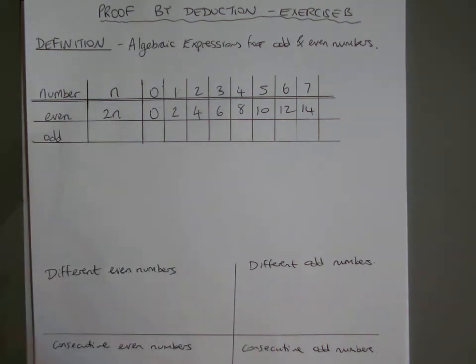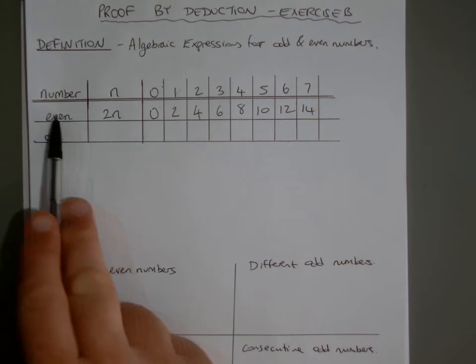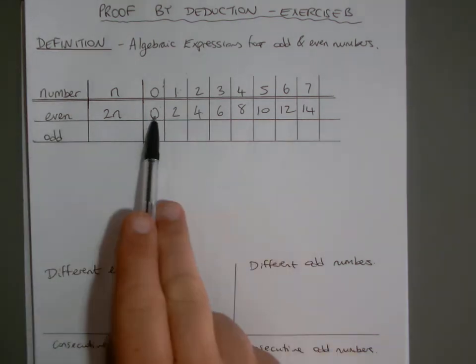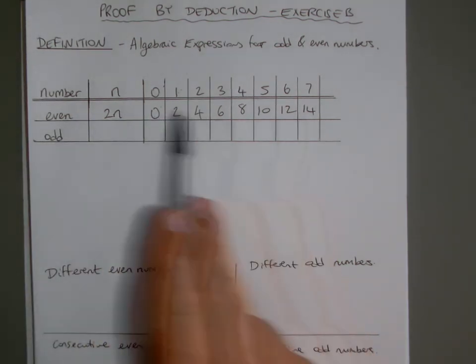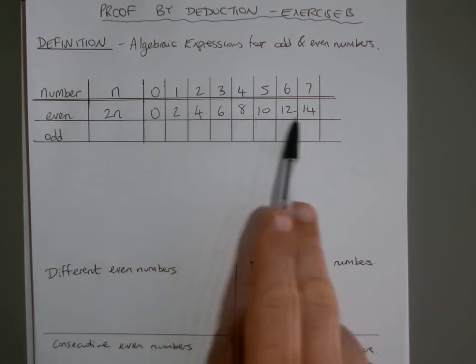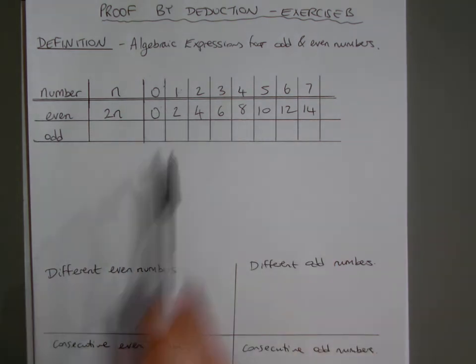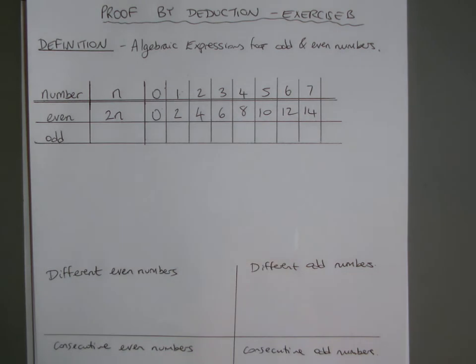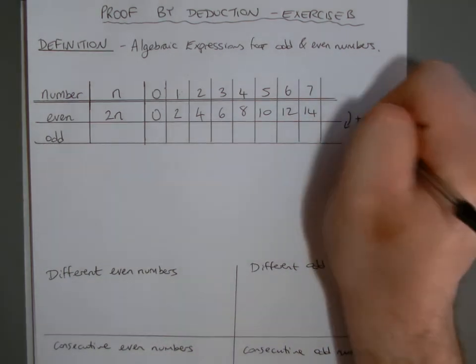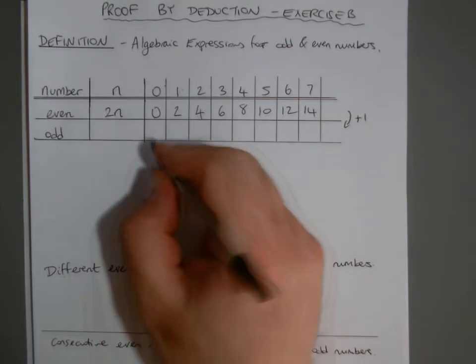An expression for odd numbers is really simple, and we can use this to help us, because these are our even numbers. I can establish the odd numbers from these. What could I do to these to get to the odd numbers? If you add 1, you're going to get the odd numbers, aren't you?